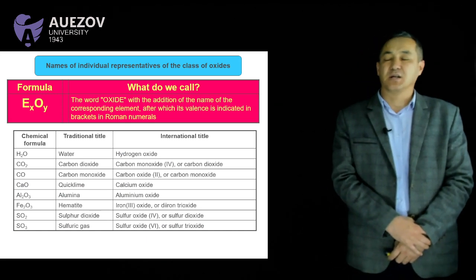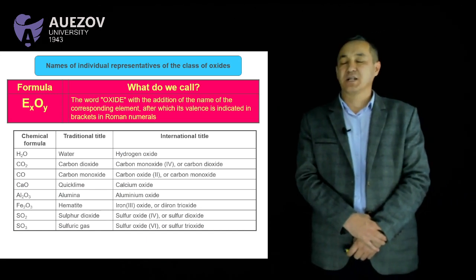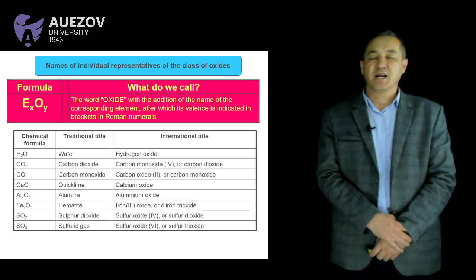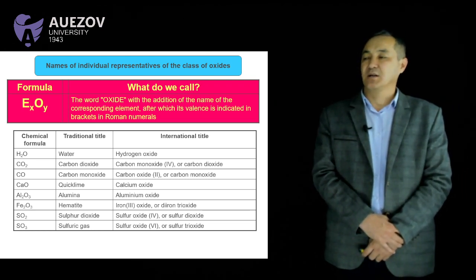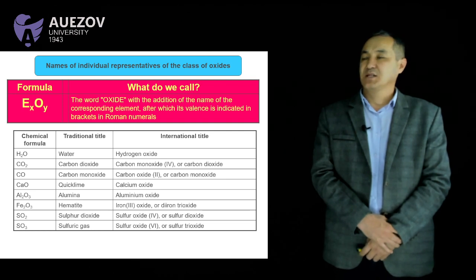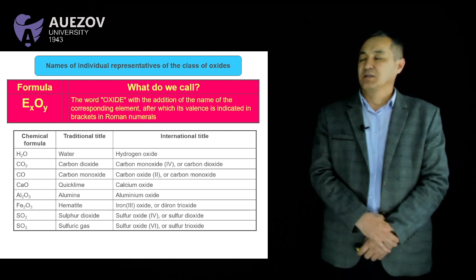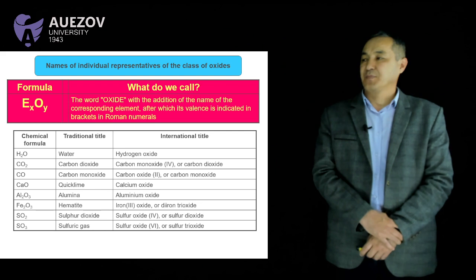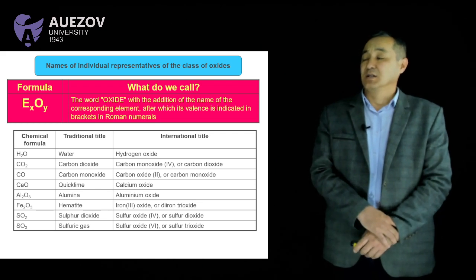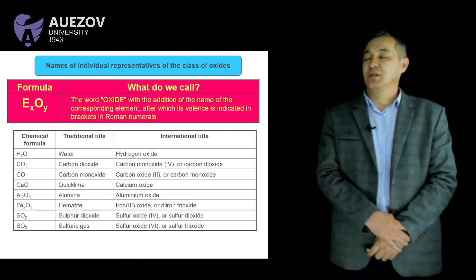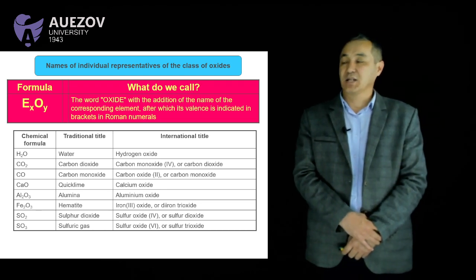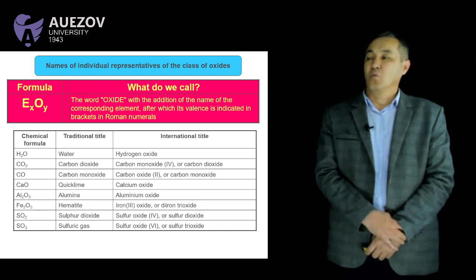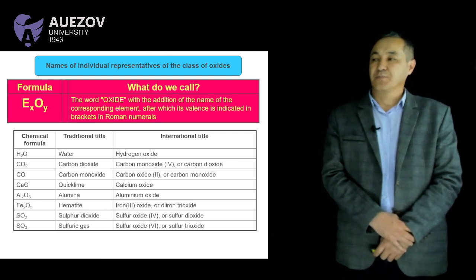According to traditional and international titles or names, we can call these chemical substances. For example, water. According to the traditional title, we can call it water.